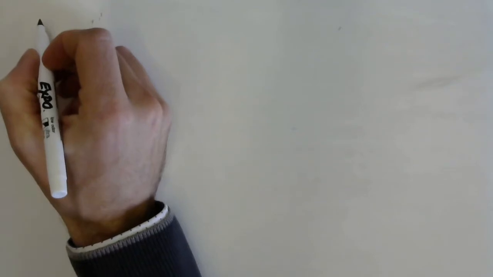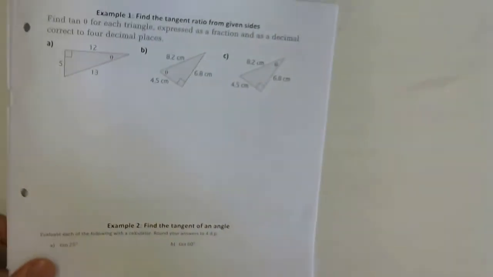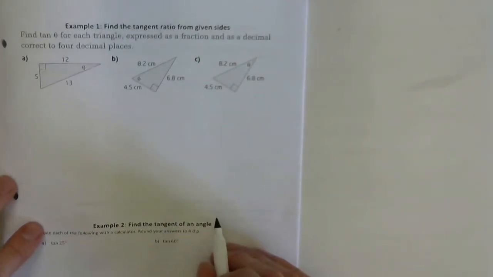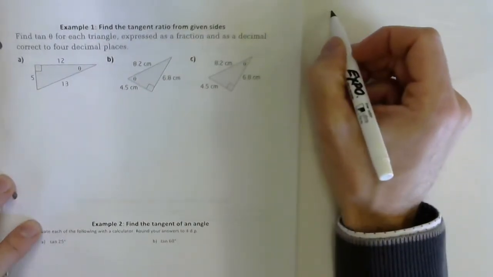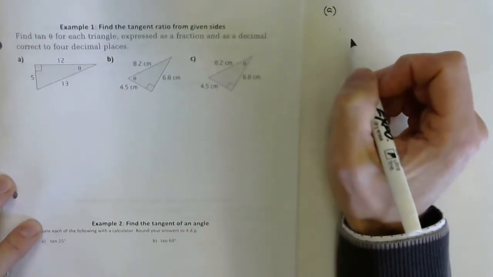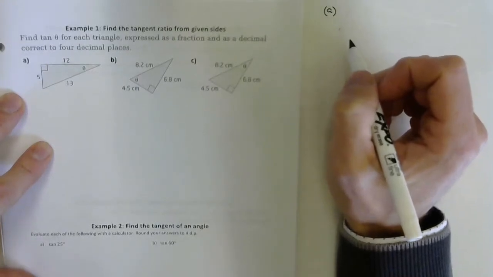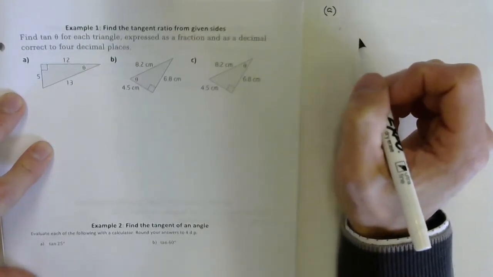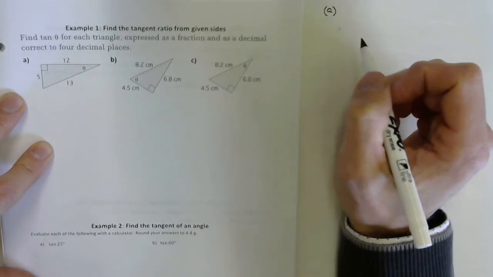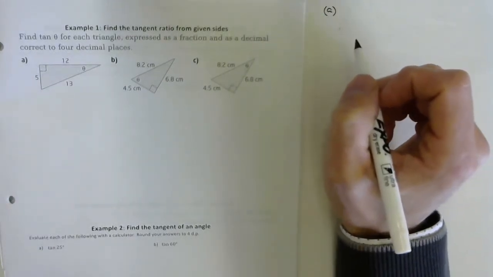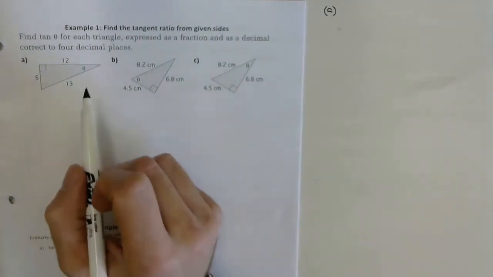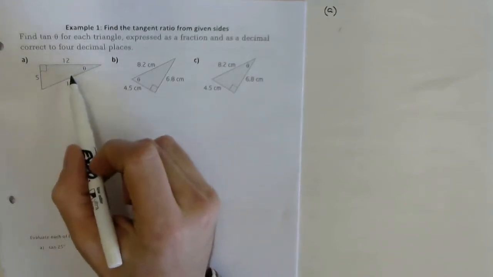So if we've got, can I do it here? Yeah, that's going to be nice. Okay, so we're in A. I'll do my work off to the side here. We want to identify the opposite, adjacent, and hypotenuse for the triangle in A. You can see it's asking us to look from the perspective of angle theta.